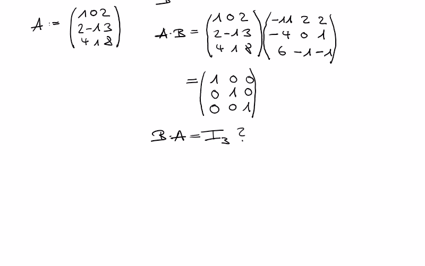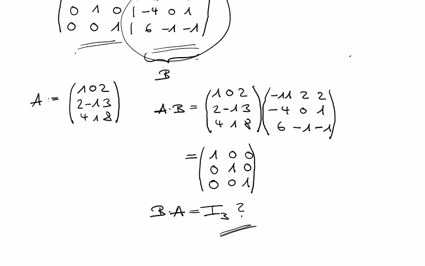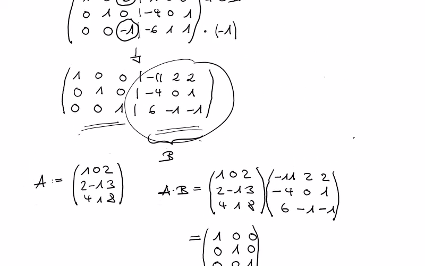That's a little exercise in matrix multiplication. Once you tested that, you can be quite confident that what we computed here on the right hand, this B, is actually the inverse of A.